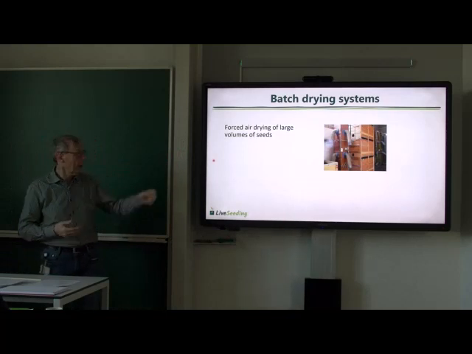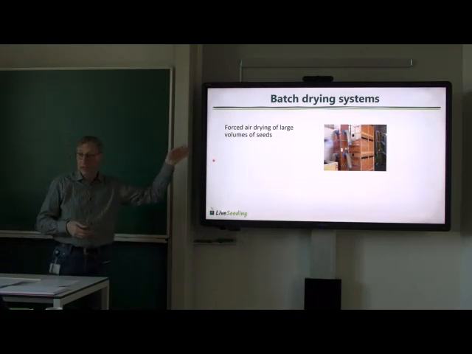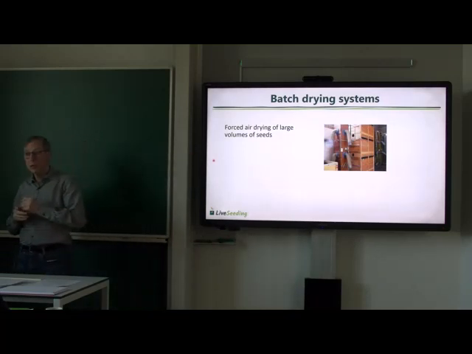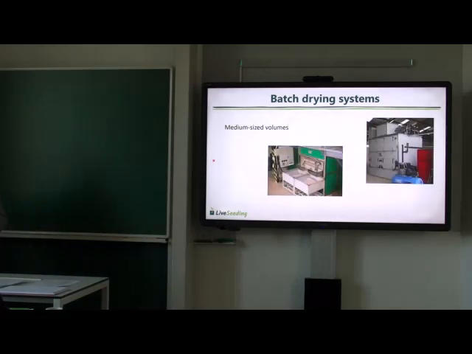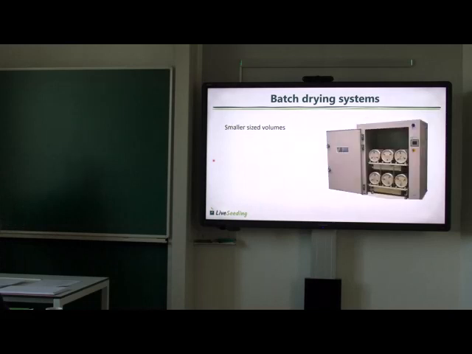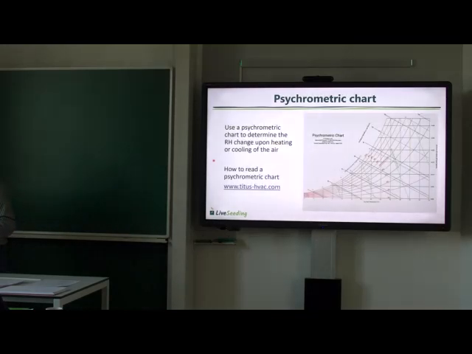This is, for instance, what they also use with vegetables. These are big volumes, but also medium-sized volumes and smaller volumes. You can even go lower if you use silica gel, for really small volumes. This is the psychrometric chart.